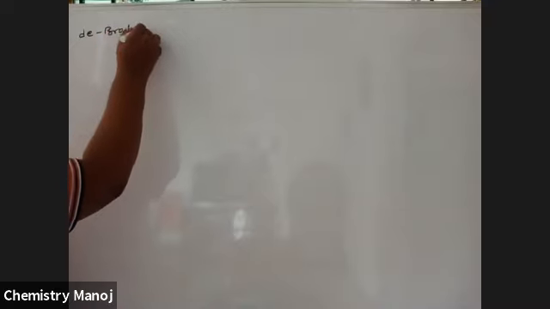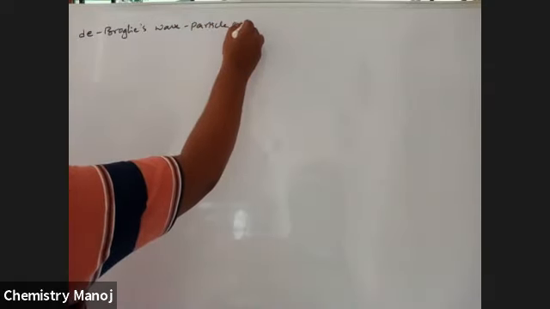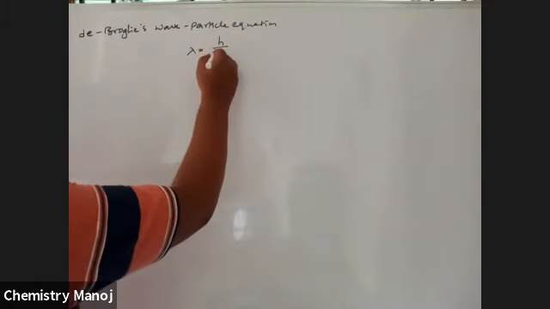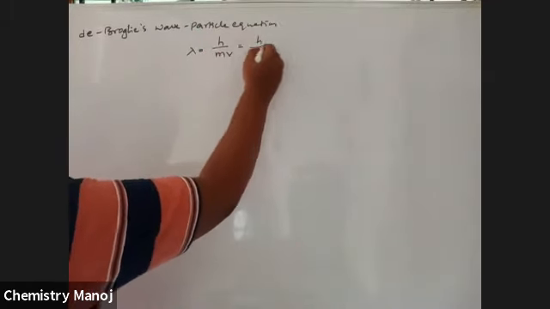Now, de Broglie's wave theory, the wave-particle equation. That is lambda is equal to h by mv, which is equal to lambda is equal to h by p.